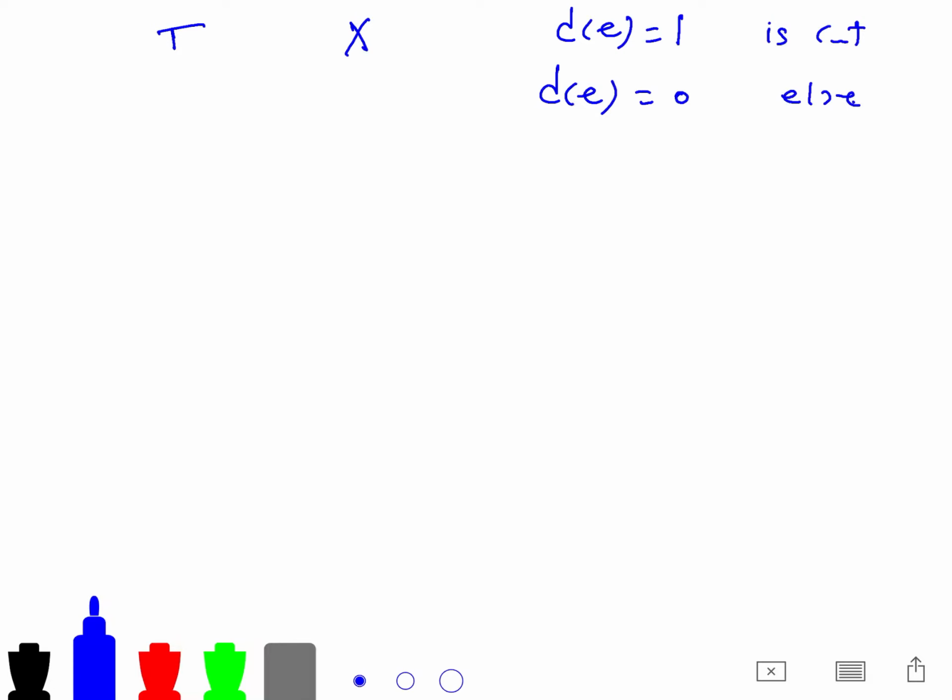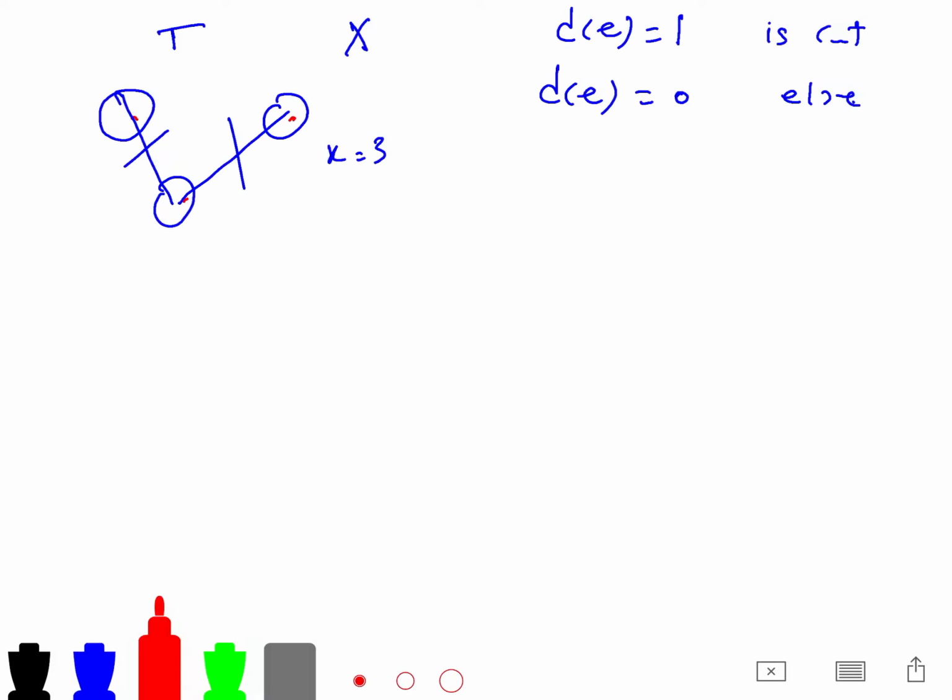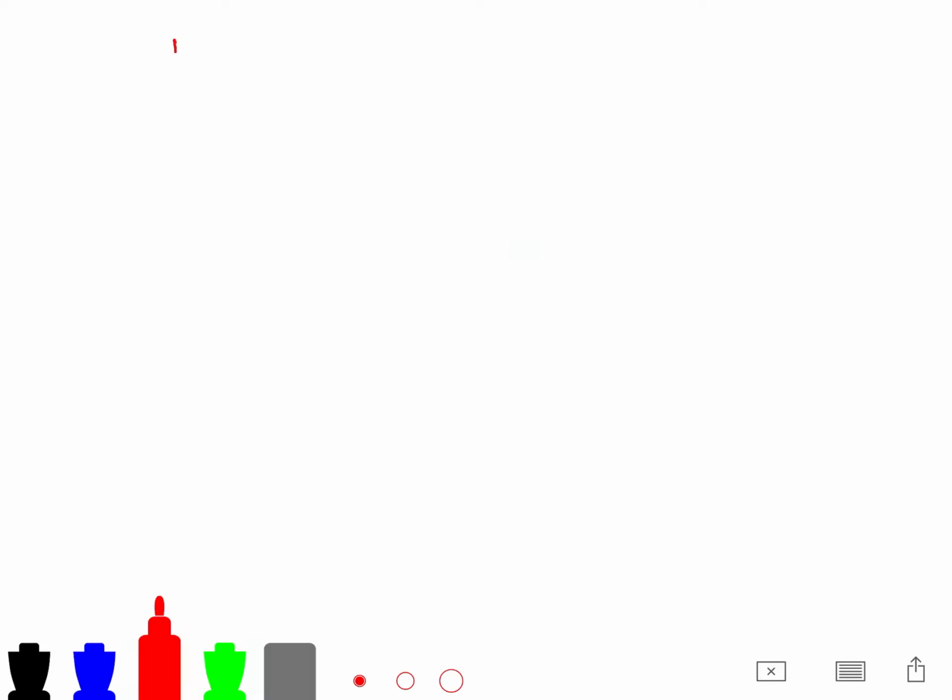So in any feasible Steiner K-cut, at least K minus 1 edges of T are cut. For example, for K equal to 3, we have some terminals here, and as you see, there are at least 2 edges that have to be cut: this edge and this edge. Let's see what happens for K equal to 4.